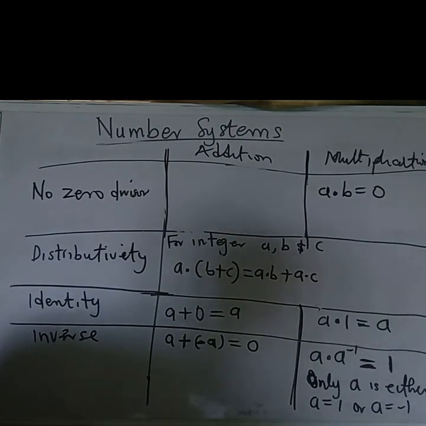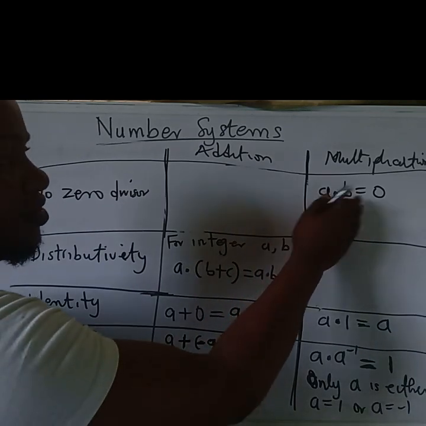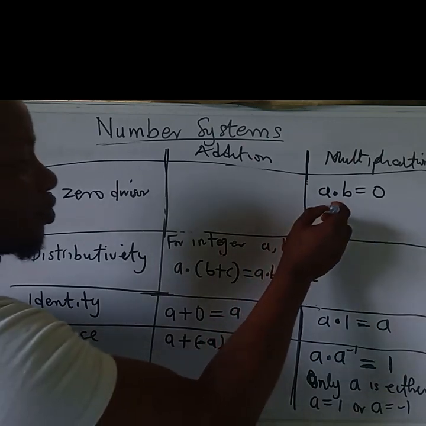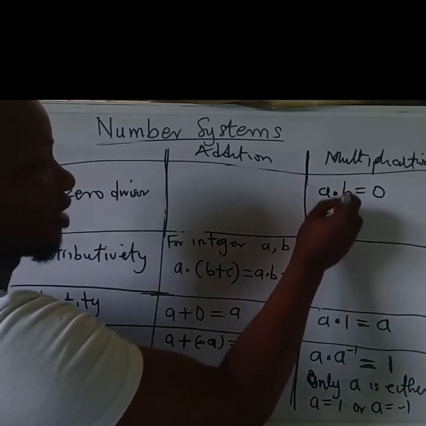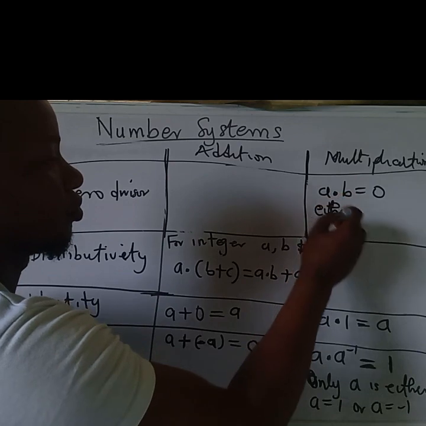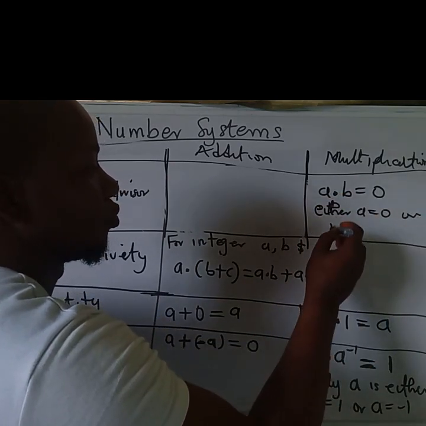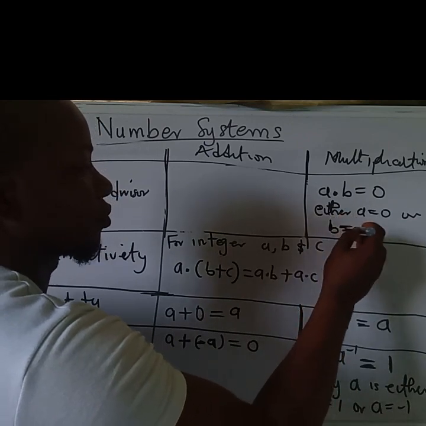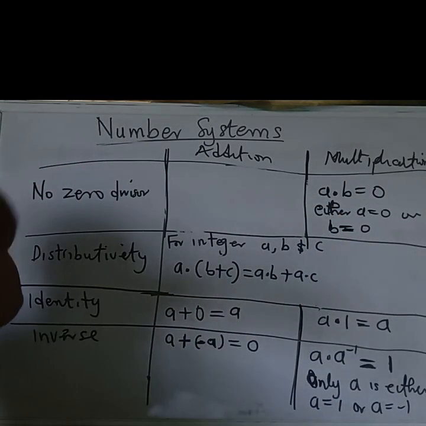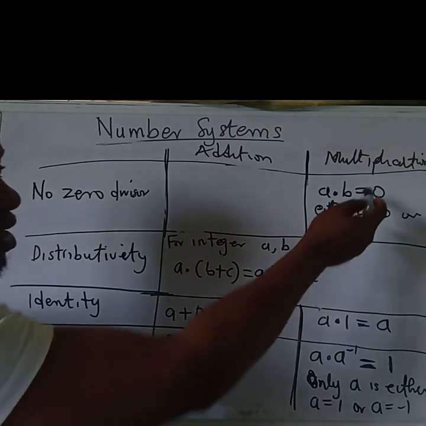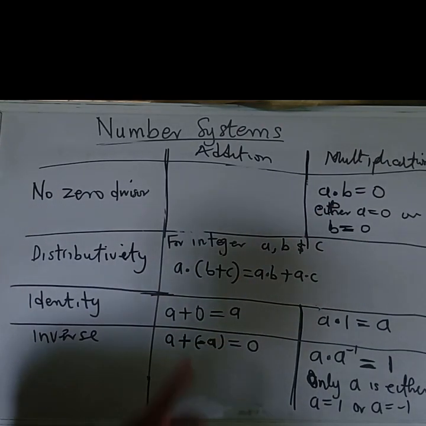But if it happens that a dot b is 0, where a is an integer number and b is an integer number, this means either a is 0 or b is 0. This is so because zero divisor is not allowed there, because we can't find a number 0/0 under the integer numbers.